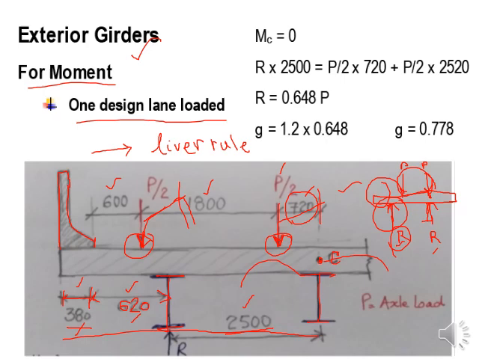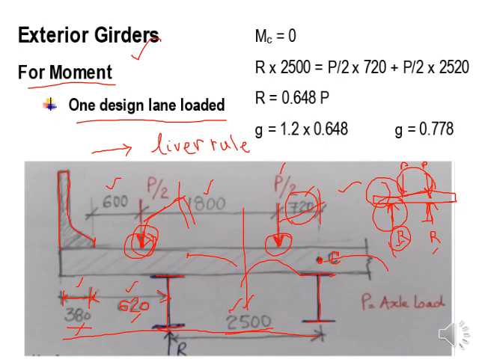From this side you can take half of it, but on the other side you have the curb, you have the barrier, you may have a sidewalk, you may have this overhang part. This is also a smaller distance as compared to this 2500. So the effect from this vehicular load and this curb and barrier will be different from what comes from this side.